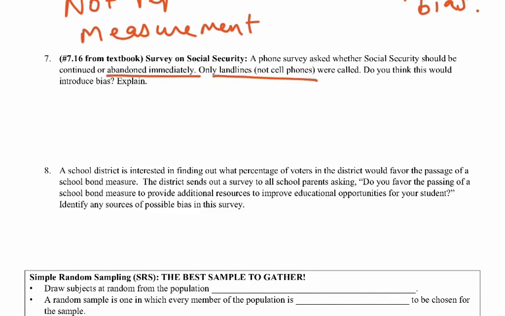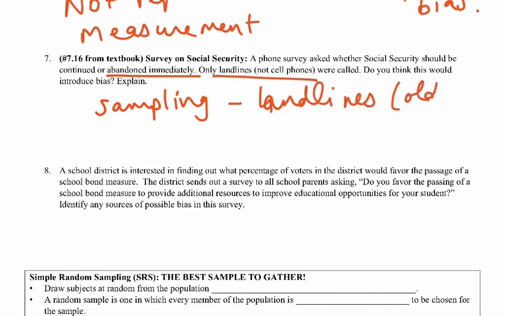Not to be prejudiced or anything like that, but that's probably who's responding to a landline phone call. So I would say we're going to get a sampling bias because only landlines were used, which probably indicates an older sample of people, an older demographic.